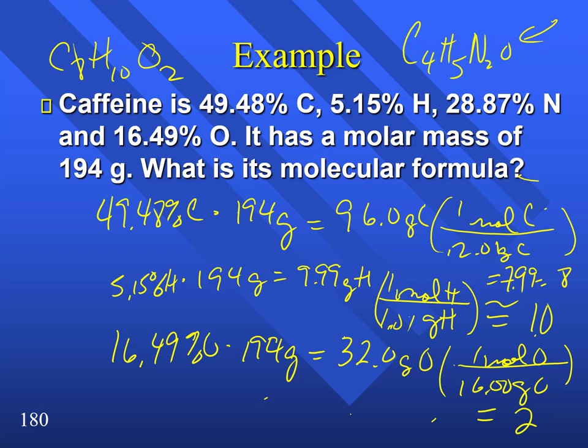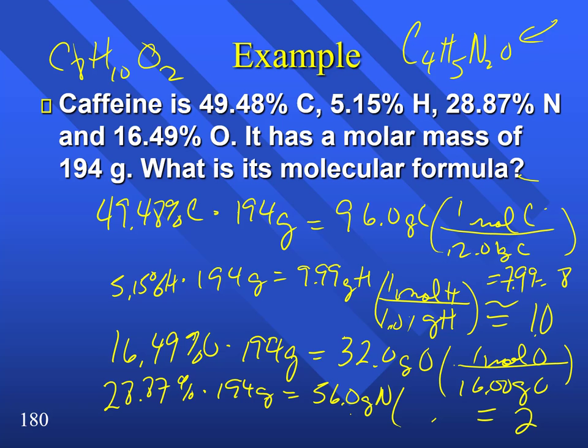Oh, and I forgot the N, didn't I? Yeah, let's put the N in there. 28.87% times 194 grams is 56.0 grams of nitrogen.